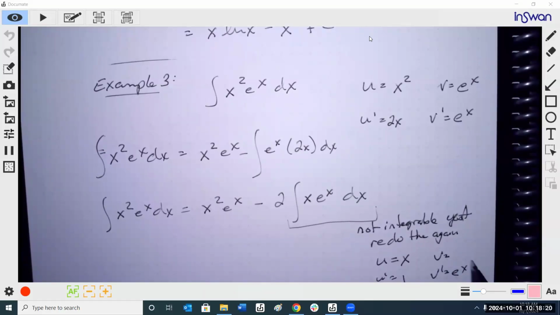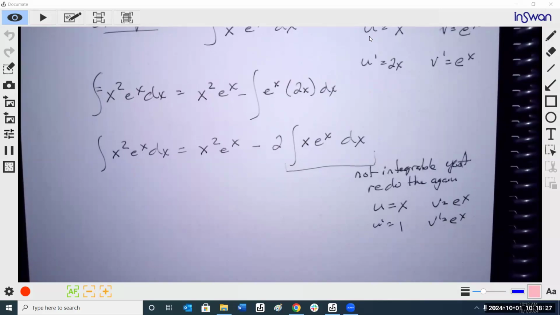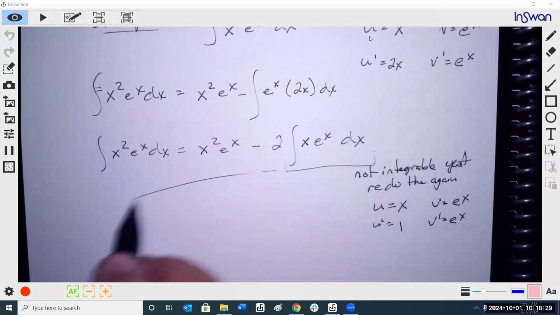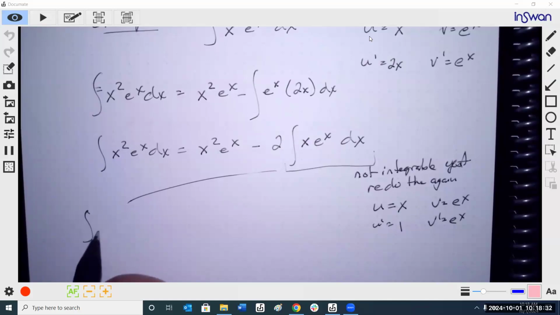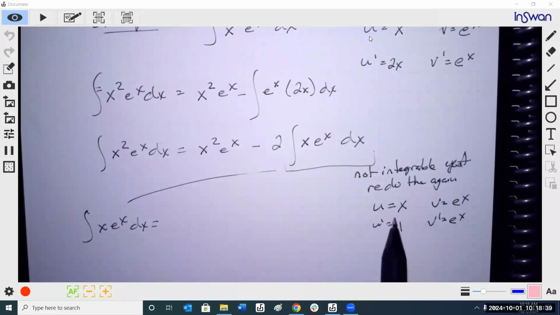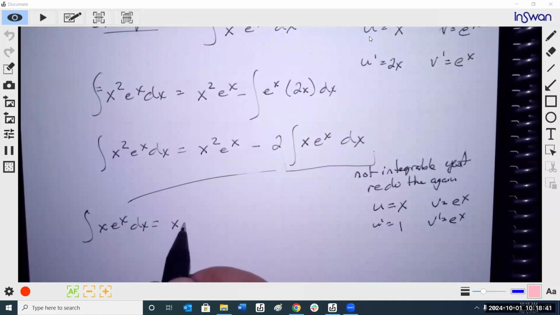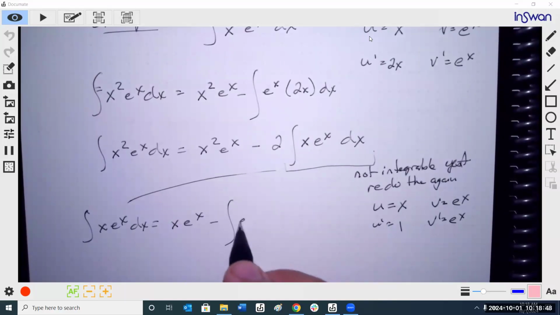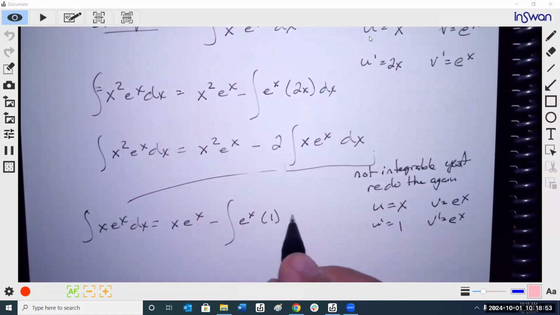So the derivative of that is 1, and e to the x. So for this part, we have the integral of x e to the x dx becomes uv, which is x e to the x, minus the integral of v, e to the x, times u prime, which is 1.